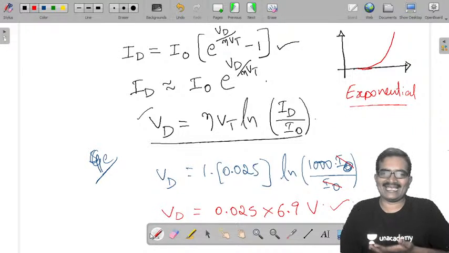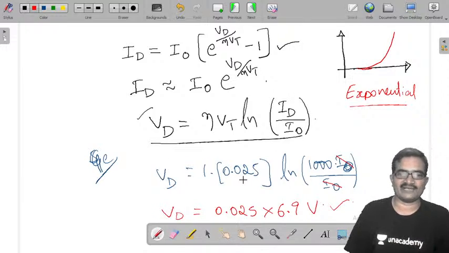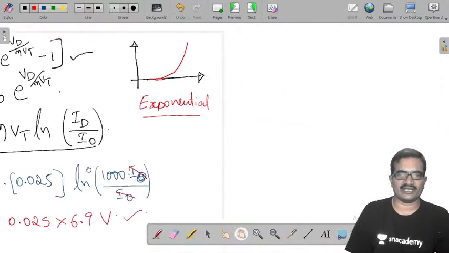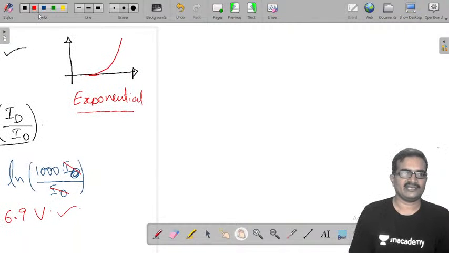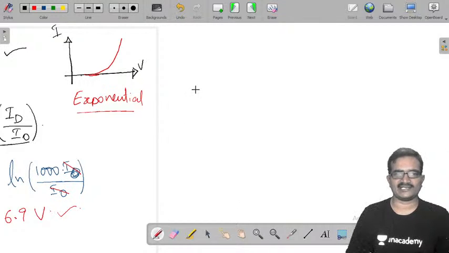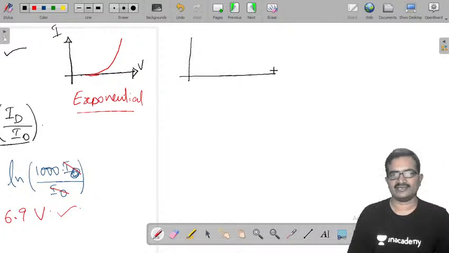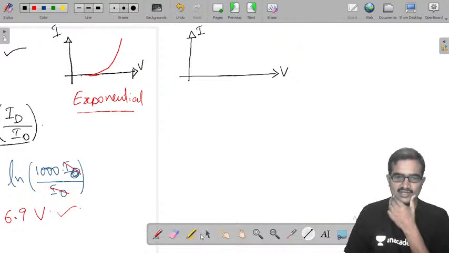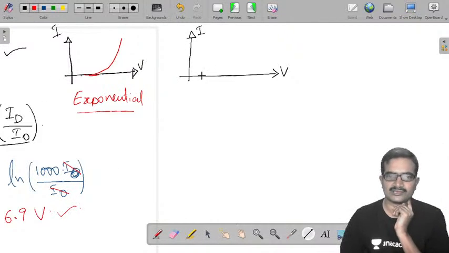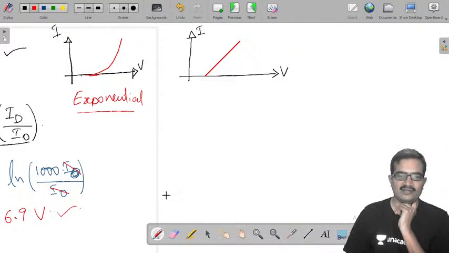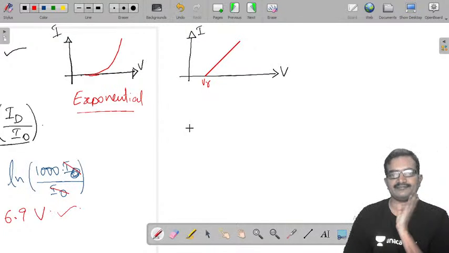For our easy understanding and easy processing, sometimes we define our diode in different formats. See this. Here it is current and voltage in forward bias, and reverse bias is common. Now the second one is, sometimes we define our diode like this. This is what we call V gamma.